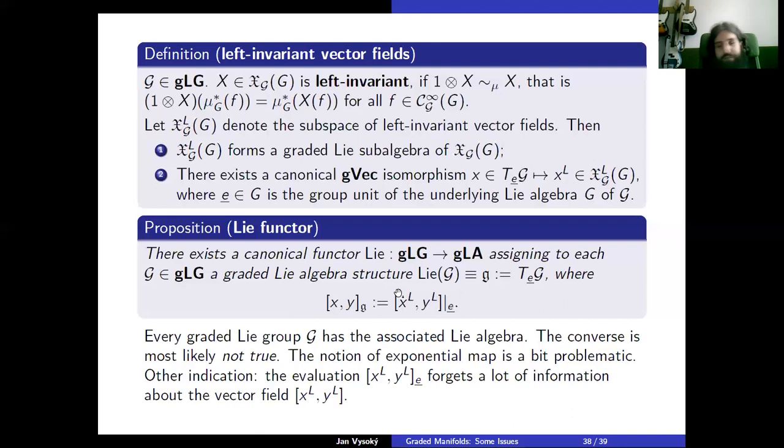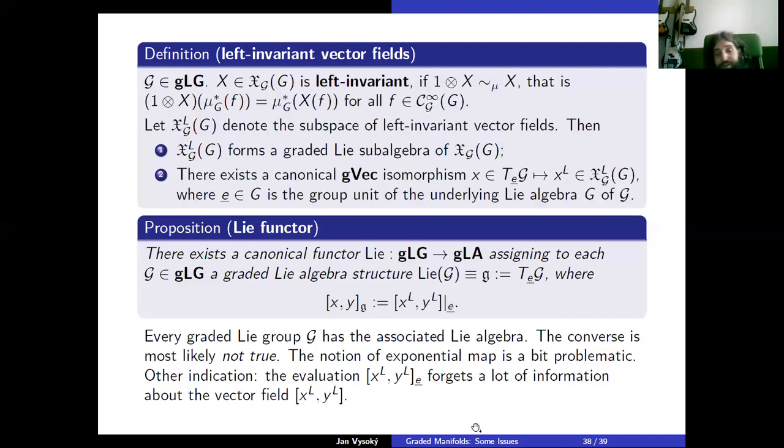You have to think a bit that it's a functor, so it takes a morphism of graded Lie groups to a morphism of graded Lie algebras, but it's true. So every graded Lie group has its associated Lie algebra. And what is, I think, not very pleasant here is that the converse is most likely not true, because first of all, the notion of exponential map is a bit problematic. I don't know a good notion of exponential map yet.